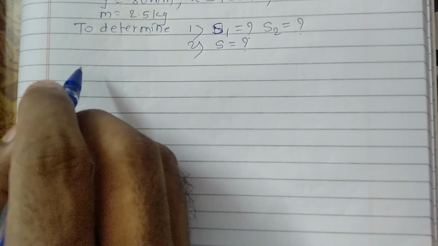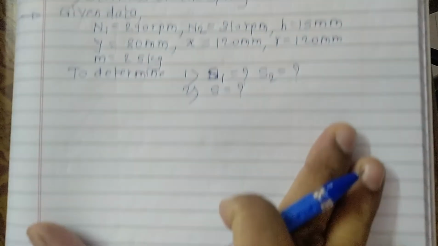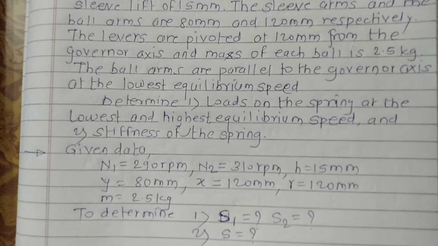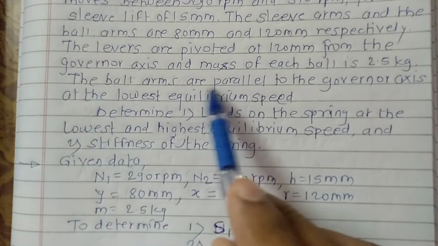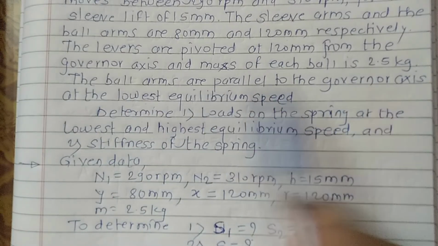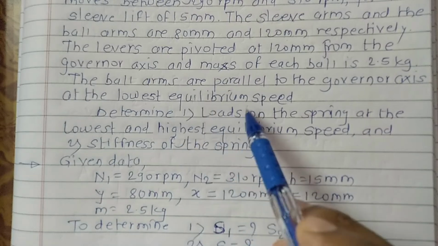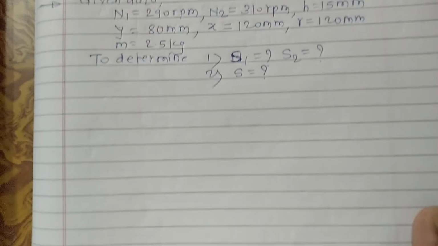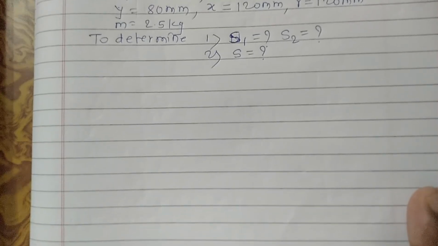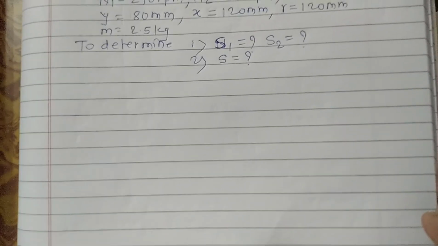The levers are pivoted at 120 mm from the governor axis and the mass of each ball is given. The ball arms are parallel to the governor axis at the lowest equilibrium speed. According to this, first draw the lowest position diagram. You can draw it like this.